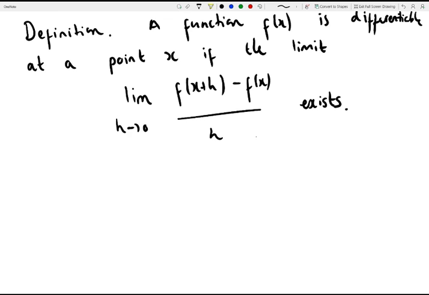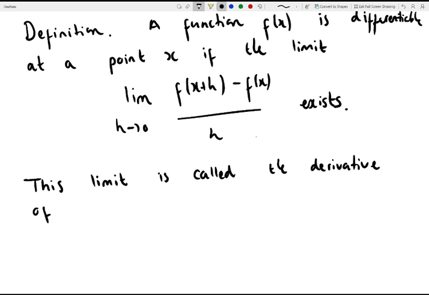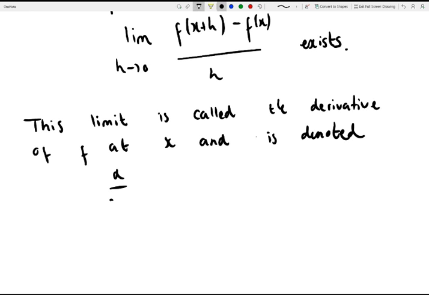Okay, and this limit is called the derivative of f at x and is denoted as d dx of f of x or f dash of x.